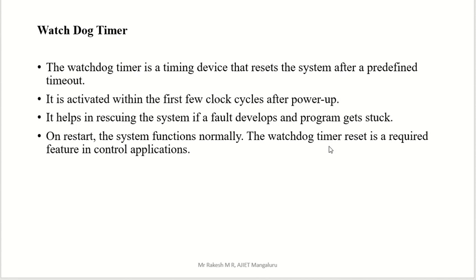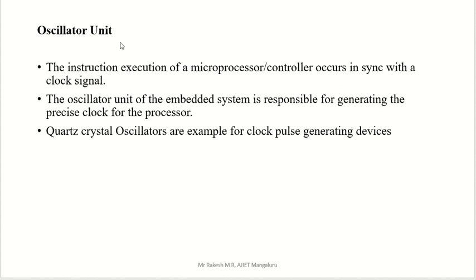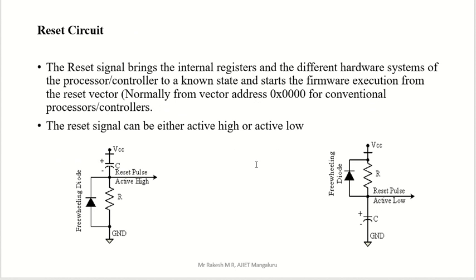These are some of the other system components given in your module 3: a watchdog timer, a real-time clock, an oscillator unit to produce your clock signal, and a brownout circuit to protect your device if the supply voltage suddenly decreases below the operating voltage. And there is our reset circuit; you can see the difference between the reset circuit and the watchdog timer.